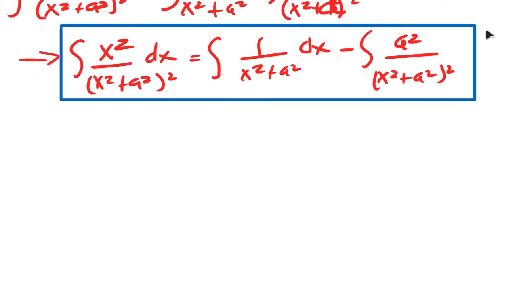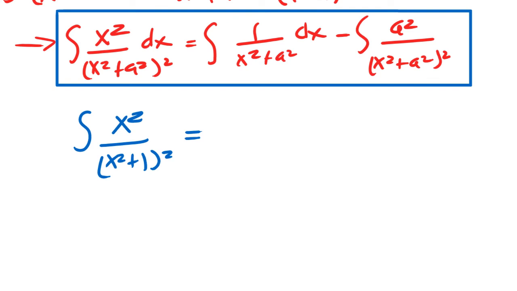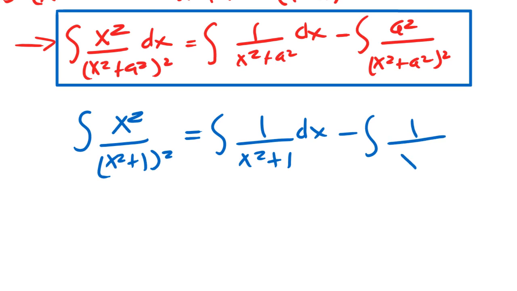That's actually kind of cool when you think about it, because all that you would need to do for that integral that we just looked at, the shell method where you had x squared over x squared plus 1 squared, is that it's going to be equal to the integral of 1 over x squared plus 1 dx minus the integral of 1 over x squared plus 1 squared dx.